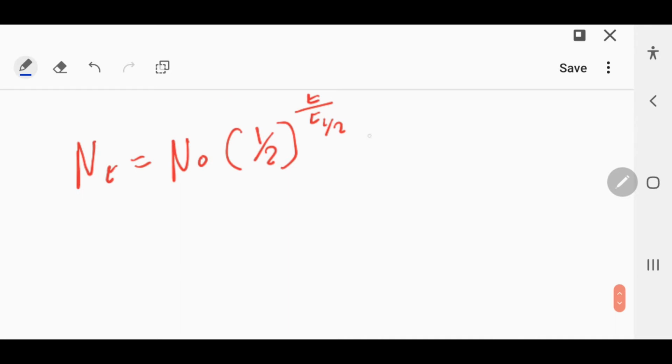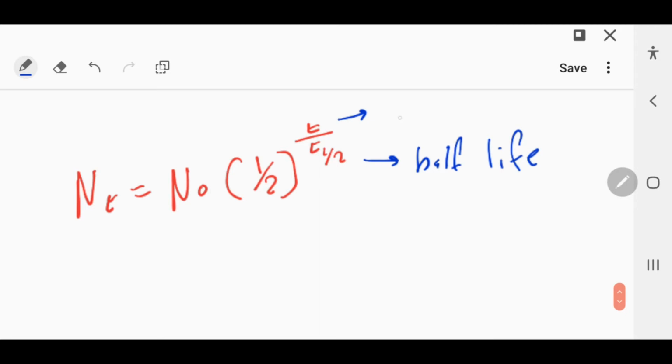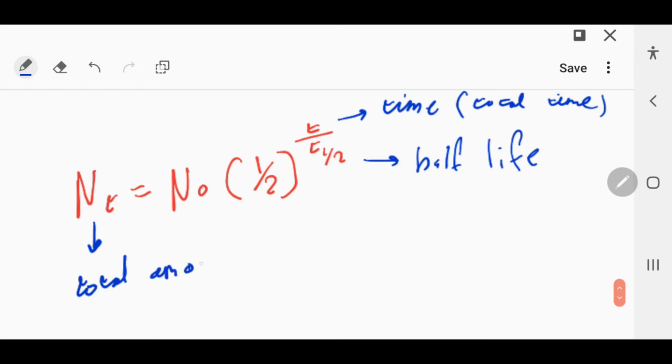This is the half-life, and t here is the time, total time, and here Nt is the total amount, and here N node is the initial amount or quantity.